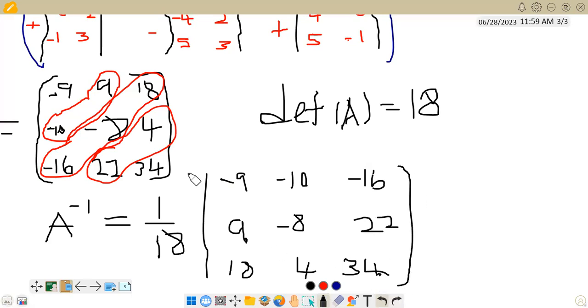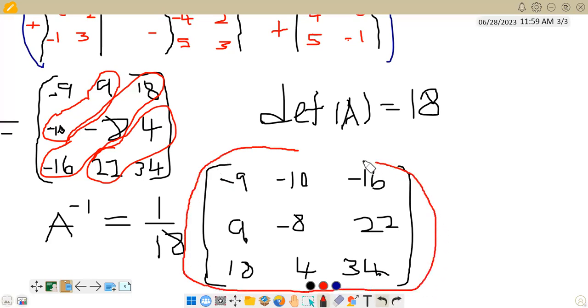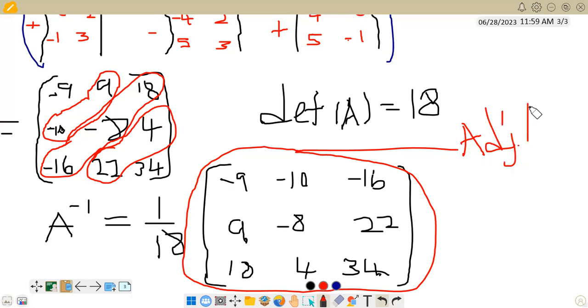Then this is now our adjoint of A. So what we have here is referred to as the adjoint of matrix A, the one we found.